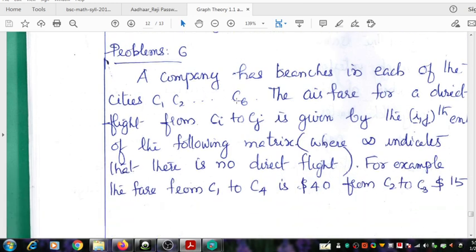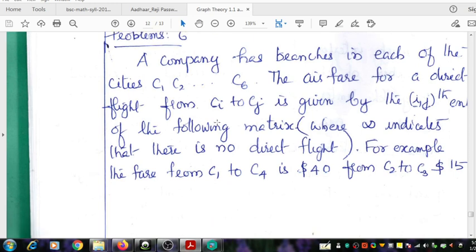Coming to problem 6, a company has branches in each of the cities C1, C2, up to C6, and the airfare for a direct flight from city Ci to Cj is given by the ij-th element of the following matrix.